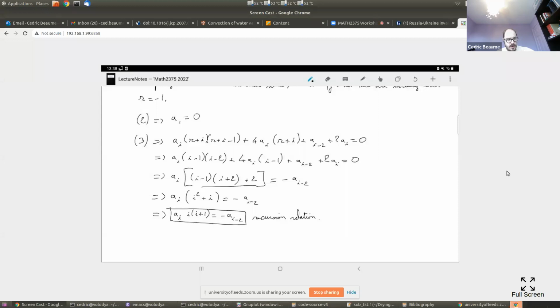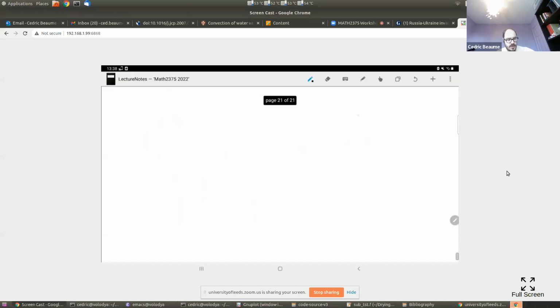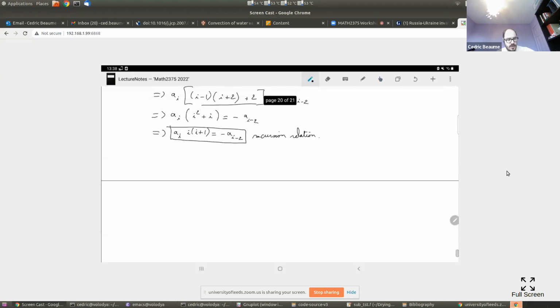What we need to realize first is that this recursion relation ties a_i with a_{i-2}. And because it ties a_i with a_{i-2}, it ties all the odd indices with themselves, and it ties all the even indices with themselves.